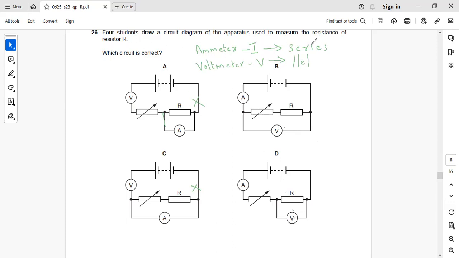We need to measure the resistance of resistor R. So we need to connect the voltmeter across this resistor R. Here you can see it is connected across R and potentiometer, so this also is wrong. And your right answer is D. We need to connect the voltmeter across this resistor R.